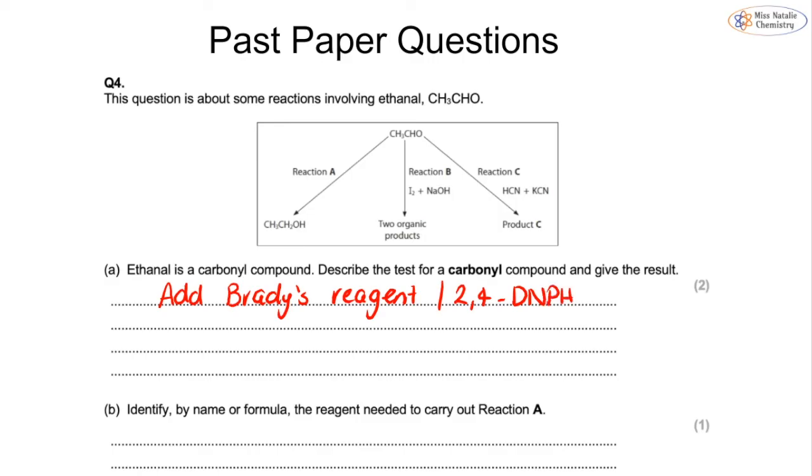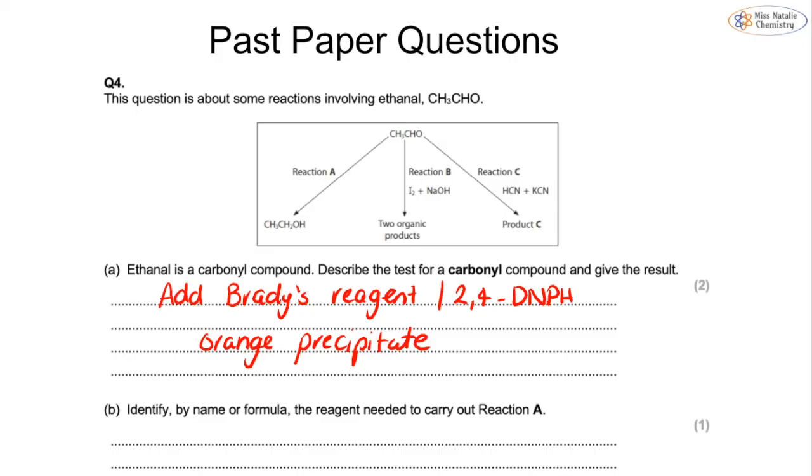And then with any sort of description of any chemical test, we must say the reagent as well as what the result is. And our result is that we form an orange precipitate. And you must use the term precipitate. They will not allow you any mark for the second part if you just say you see an orange colour. You have to be very specific that it is a solid or a precipitate.